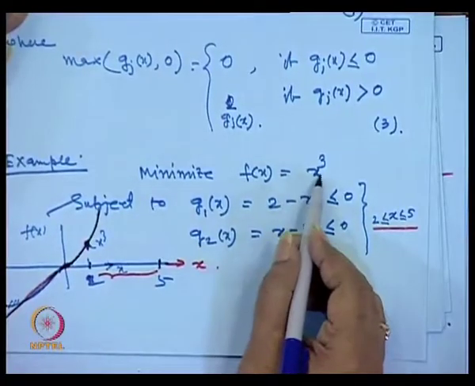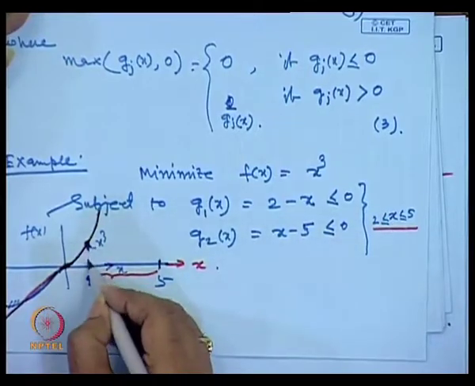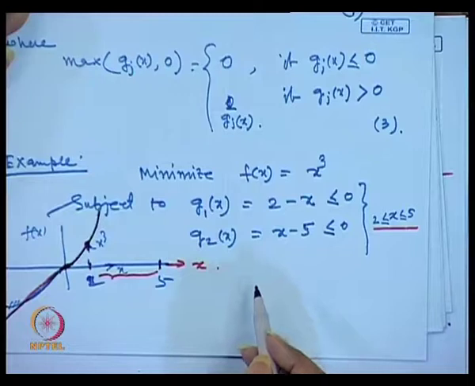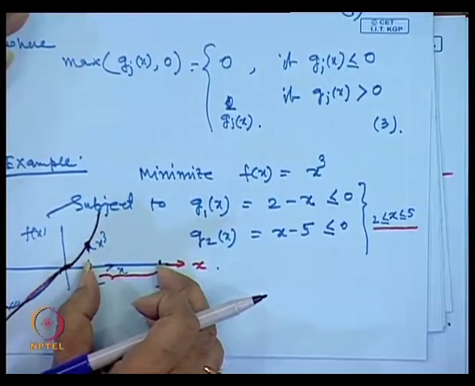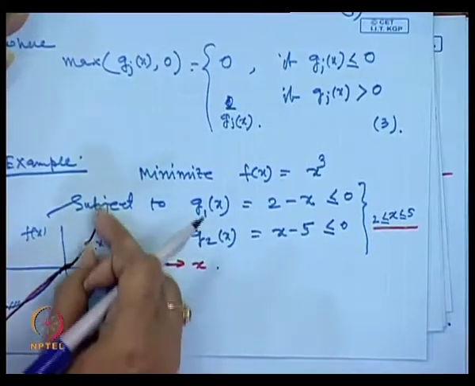If you see this one, what is the minimum value of the function in this region? At x is equal to 2, we will get the minimum value of this function. Agree? x is equal to 2, because this region is 2 to 5. You increase the value of x in this region, the function value is decreasing.